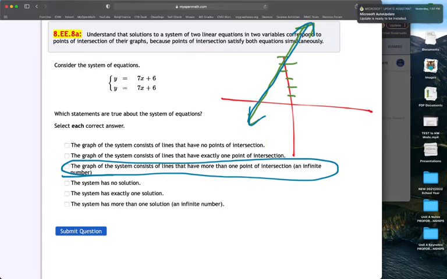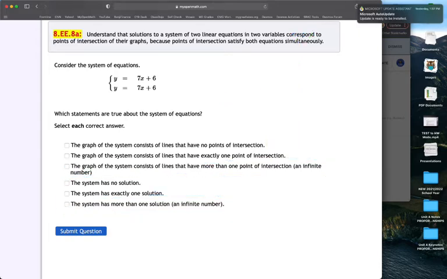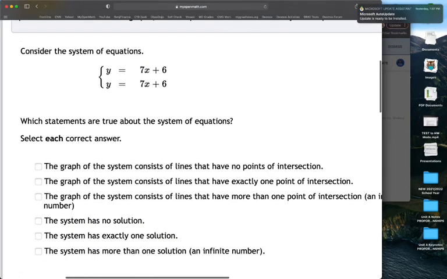As far as what the solution is, we always know that means we have an infinite number of solutions, so more than one solution. So what would it look like if we change the problem slightly? For example, what if this one was y equals negative 7x plus 6?